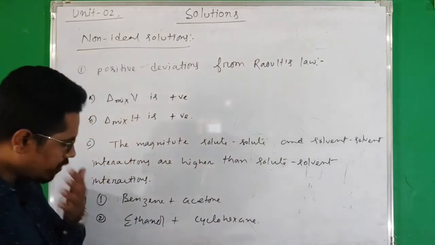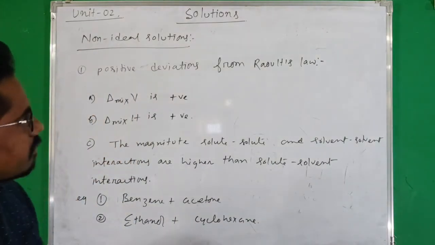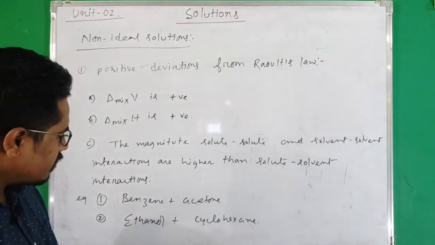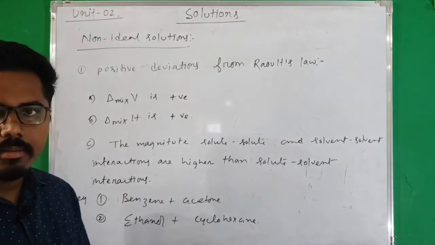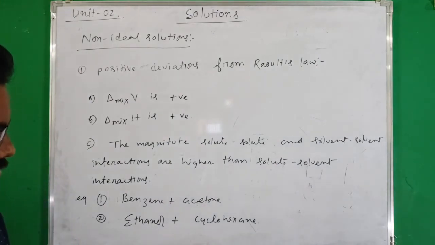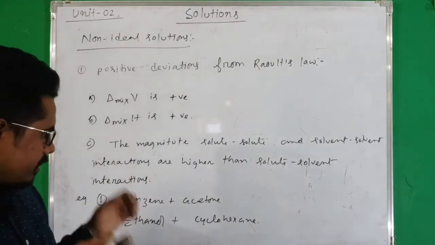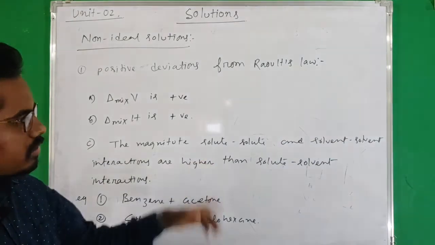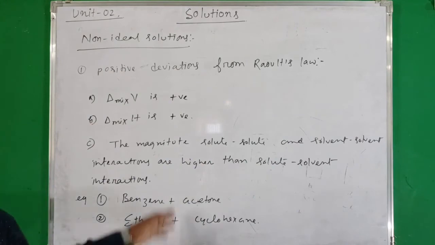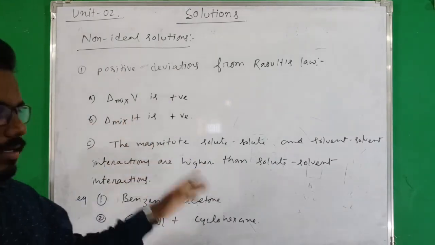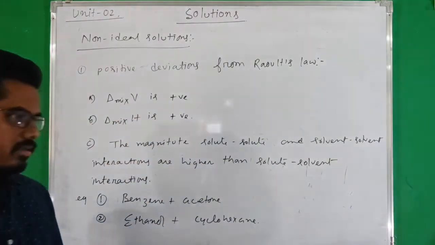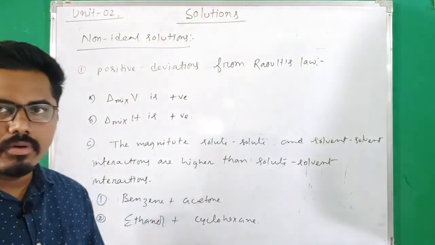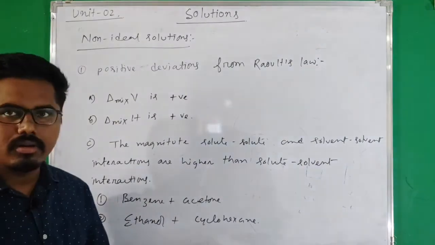In exams, questions are asked: explain why a solution of benzene and acetone will show positive deviations from Raoult's law. So we have to answer that in a solution of benzene and acetone, the magnitude of solute-solute and solvent-solvent interactions are stronger than solute-solvent interactions. Therefore, this solution will show positive deviations from Raoult's law.